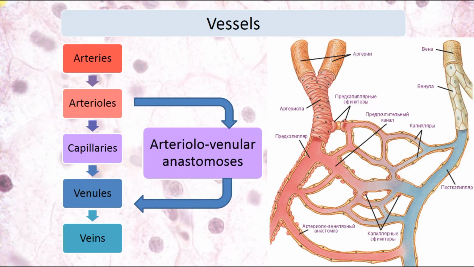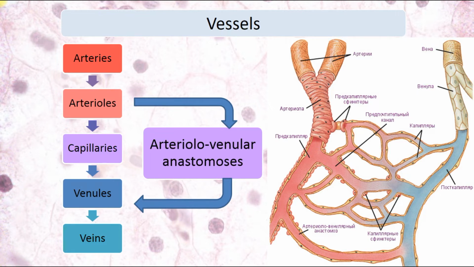To prevent this, there are sphincters in the arterioles which regulate blood flow, and there are a lot of empty capillaries. Not all capillaries are filled with blood. There are numerous empty capillaries which are extra, needed to provide extra circulation, and only about 20% of capillaries are working. The others are closed.